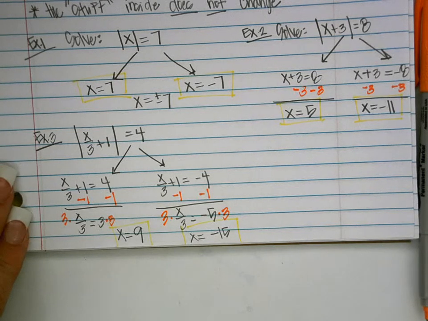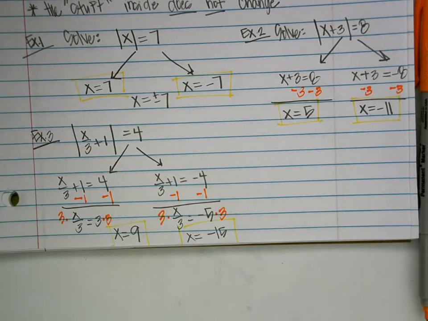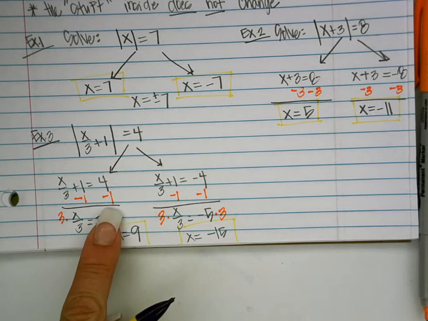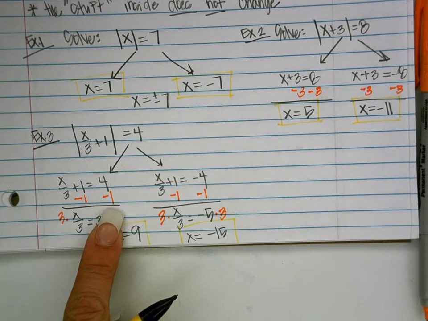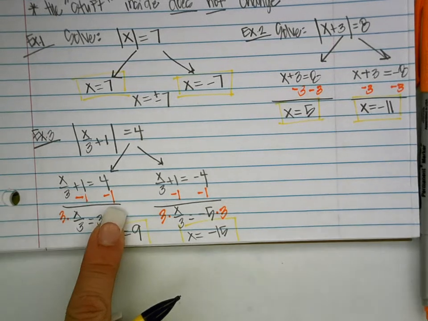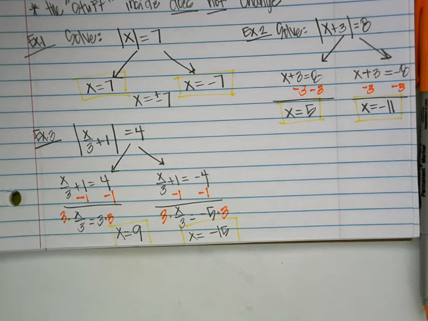But since we're undoing things, since we're solving for something, you actually have to go backwards. You have to get rid of the addition or subtraction first, then undo the multiplication or division, because we're solving for something, not simplifying. Order of operations is when you are simplifying something, when there's no equals sign and you're working on just one side.